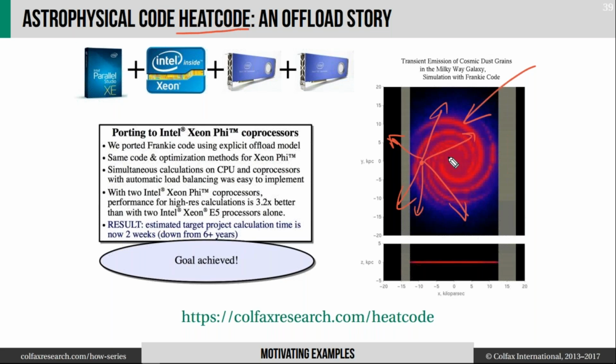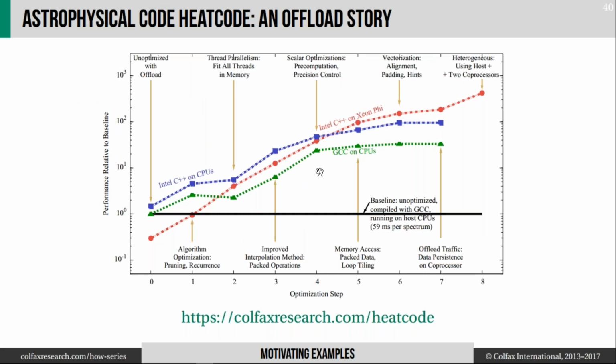When we worked with Troy Porter, we estimated that the project that we were hoping to run would have taken 6 years on any hardware, because it was a case where we had a good algorithm that limited its scalability. 6 years is not very convenient, and we thought maybe if we use Xeon Phi coprocessors, we will cut it down to 2 years or so, then it will be feasible.